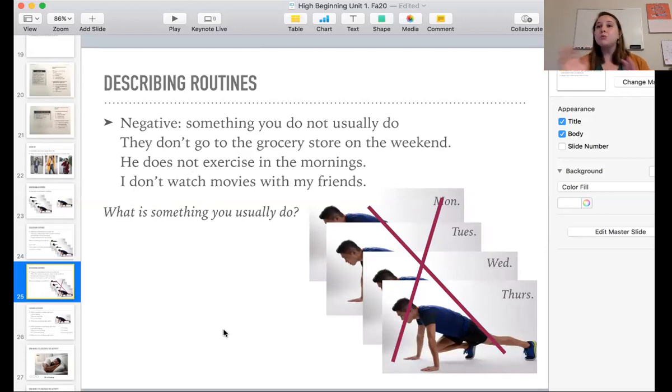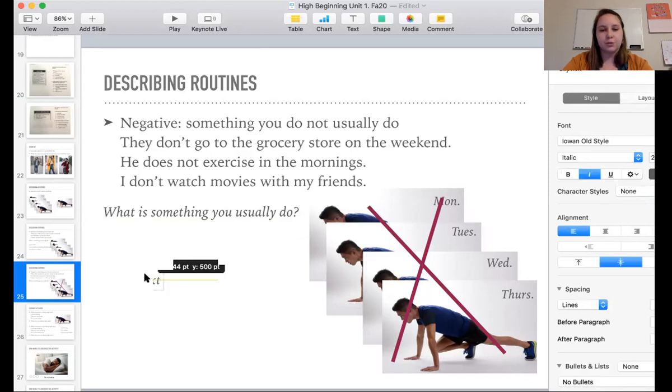So what is something you don't usually do? For me, I don't stay up late. So I usually go to bed early. So I don't stay up late at night.